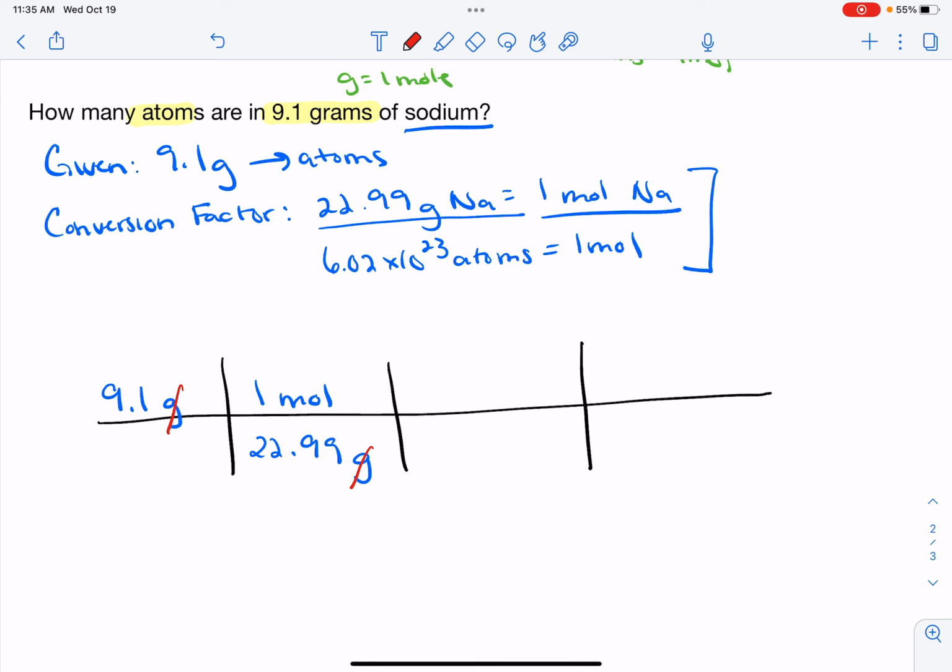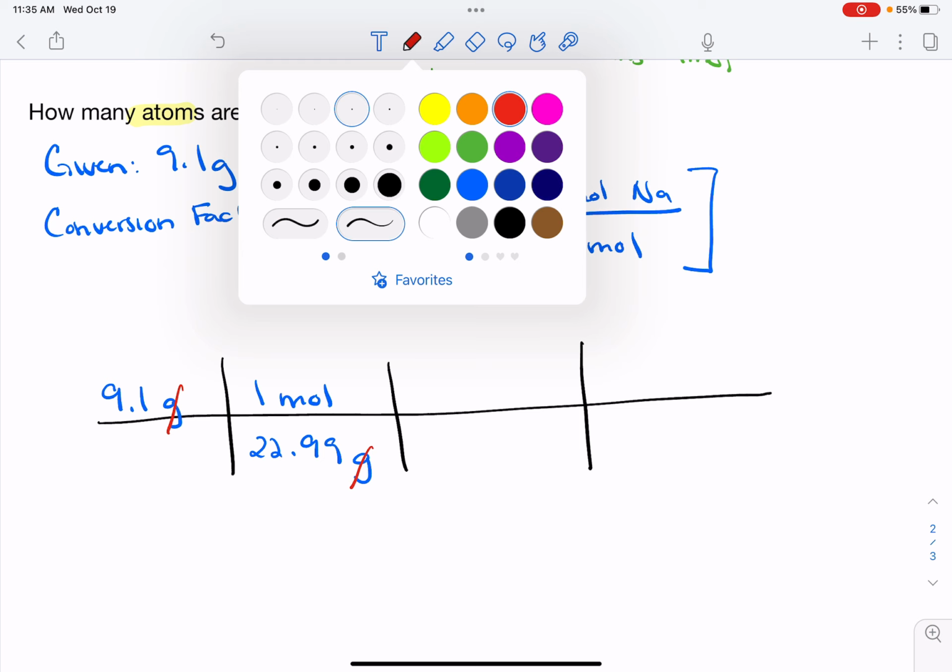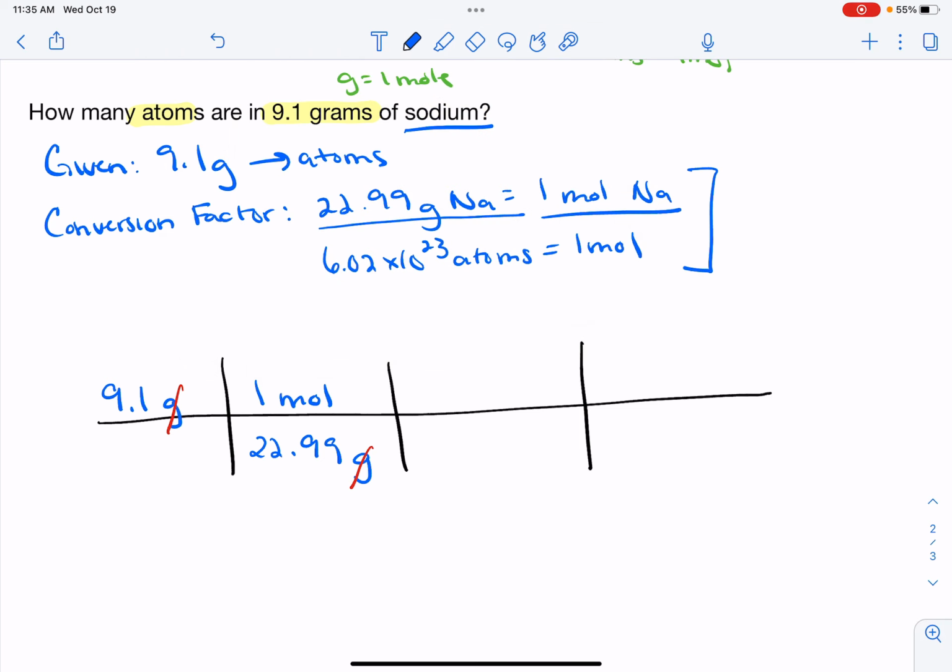But we're not done yet because we're going to be in moles, and we want to go to atoms. So we need to do our second step here. We've already used this first conversion factor, and now we're going to use our second conversion factor to convert between moles and atoms. Now I have moles on top, which means I know something in moles needs to be on the bottom.